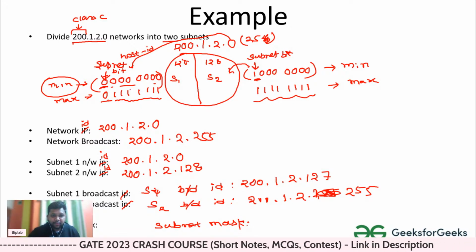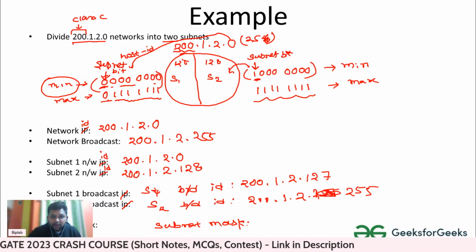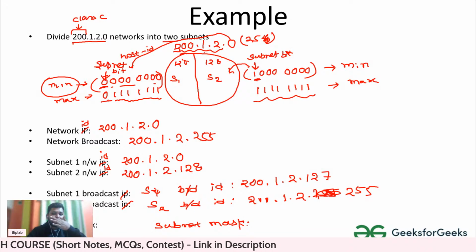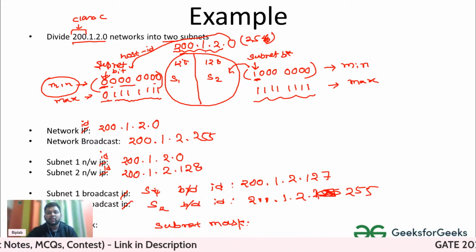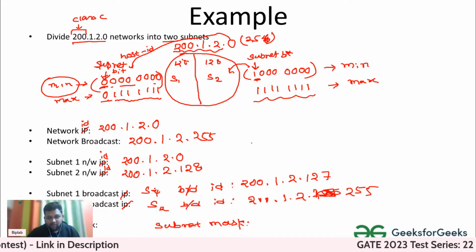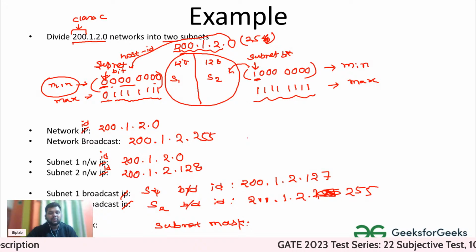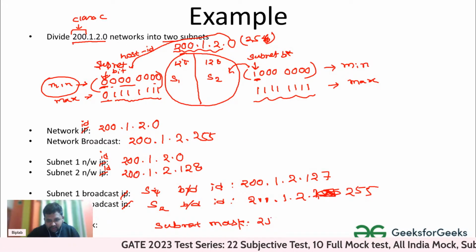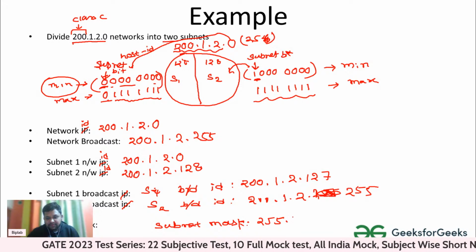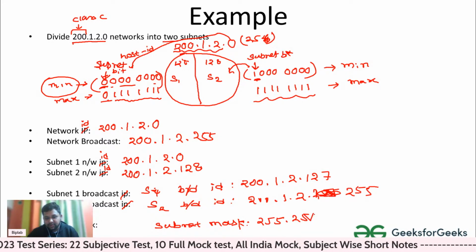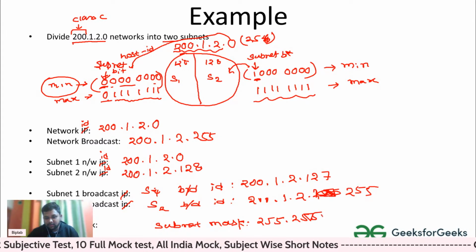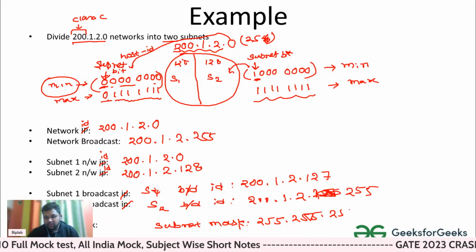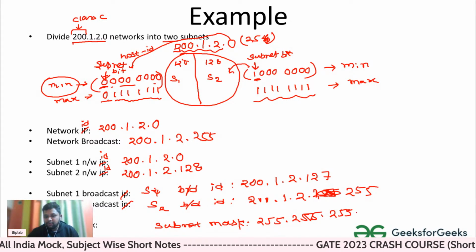For the first 3 octets, we know surely they are network ID, so no doubt, all bits we will put 1. So all the first 3 octets will be 255, 255, 255. Now, what will be the last octet?